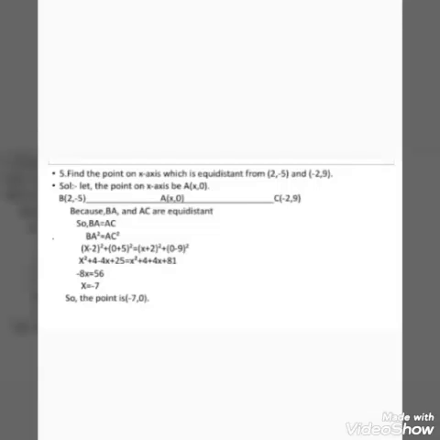What is the question? First of all, we have to read. Find the point on x-axis which is equidistant from (2, -5) and (-2, 9). So we have to find a point which is equidistant, means same distance, from two given points.